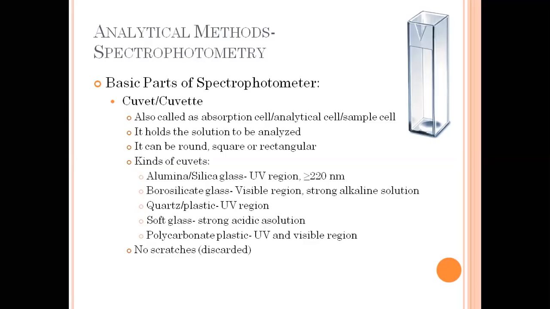Cuvettes made of quartz or plastic are mainly used in the UV region. Soft glass cuvettes are used for strong acidic solutions, whereas polycarbonate plastic is mostly used in the UV and visible region. So whenever you use UV and visible region as the source of your wavelength, depending on that, you can use those kinds of cuvette.